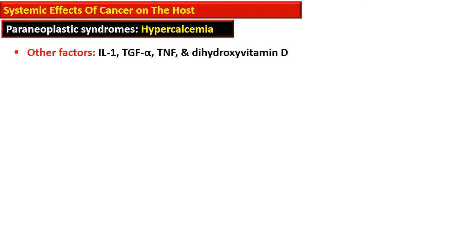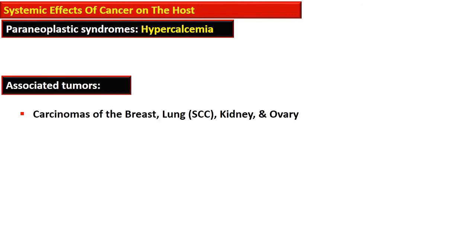Other factors that are associated with the hypercalcemia are interleukin-1, transforming growth factor alpha, TNF and dihydroxyvitamin D. The tumors that are associated with hypercalcemic paraneoplastic syndrome are carcinoma of the breast, lung, especially the squamous cell carcinoma, kidney and ovary.